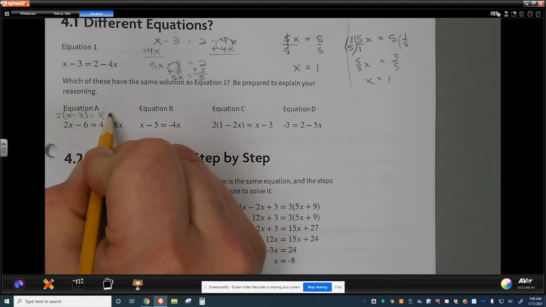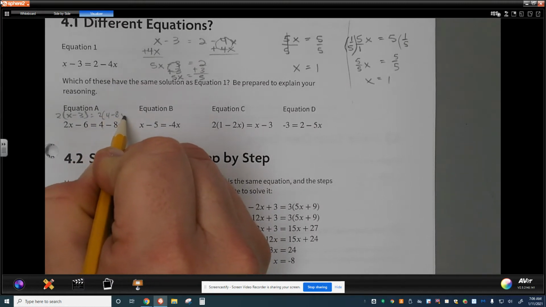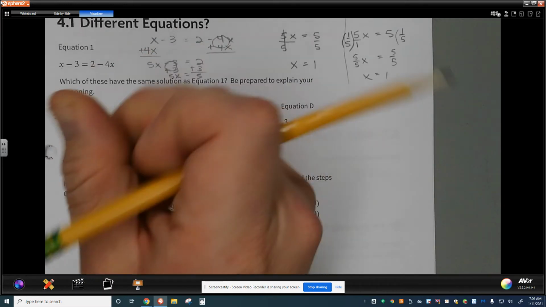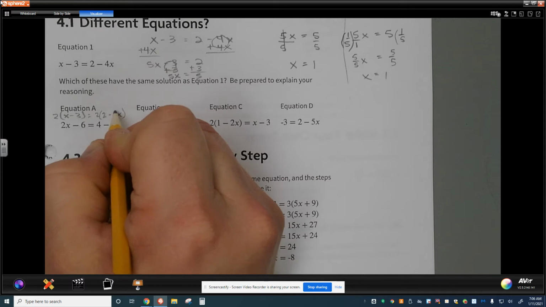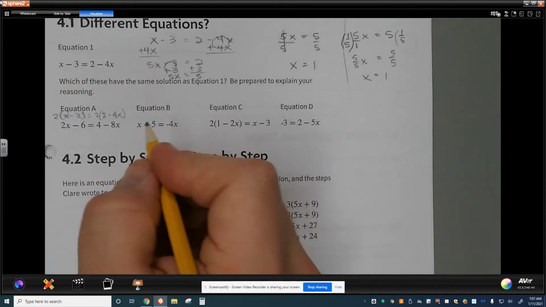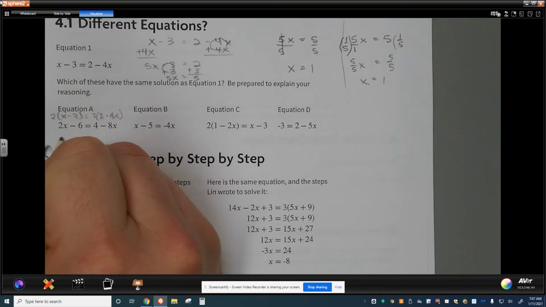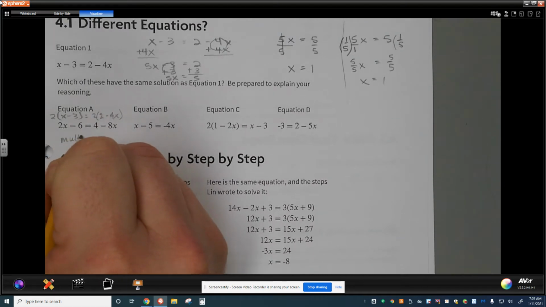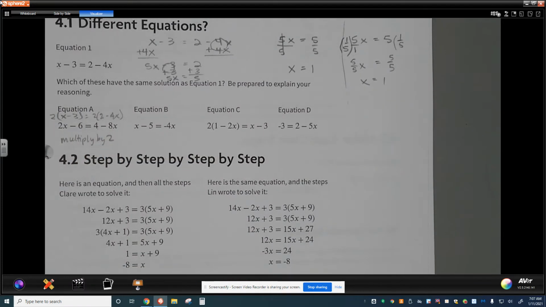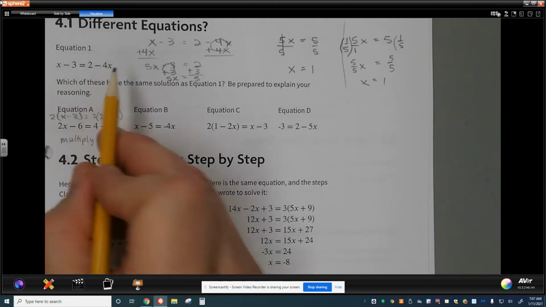And I see the exact same thing has happened, which means that equation A is exactly the same as equation 1, because I multiplied by 2. Just doubled each of the terms in the expressions.